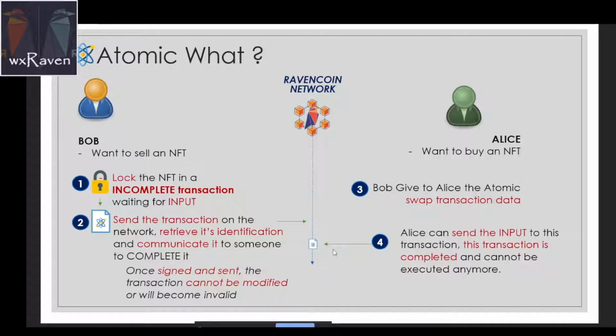The concept itself is quite simple, but the challenge here is that whenever Bob is creating this atomic swap, because this is actually possible in the current state of the tools, today what he receives is a strange big number of hexadecimal stuff, which is not usable at all, and that he would need to communicate to the rest of the world to say, hey guys, if you want to buy my stuff, here is the contract or the transaction that you can complete.